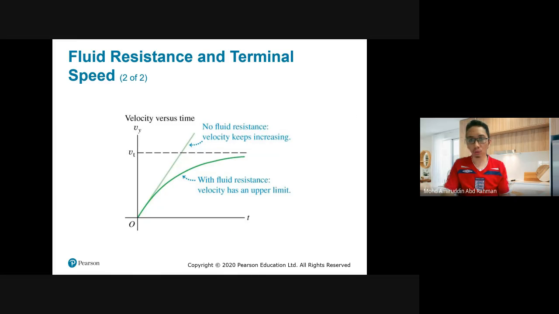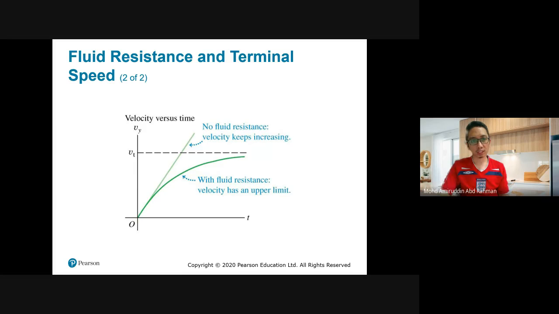So let's look at the graph. When there is no fluid resistance, the velocity keeps increasing. But when we have the fluid resistance, the velocity at the maximum is vt, which is the terminal speed.